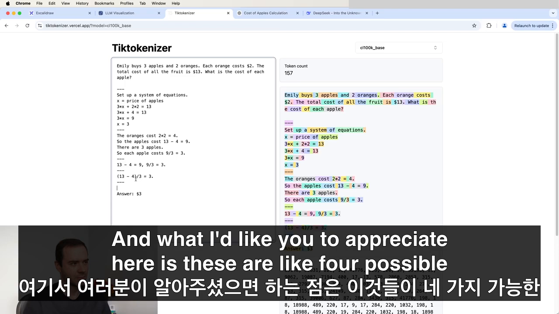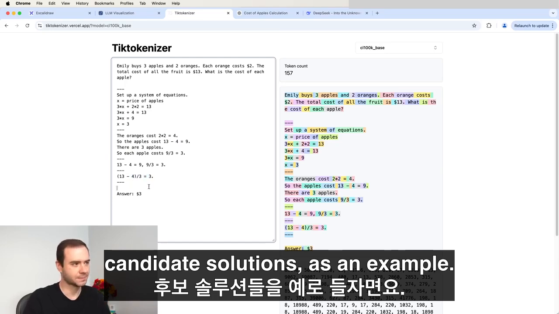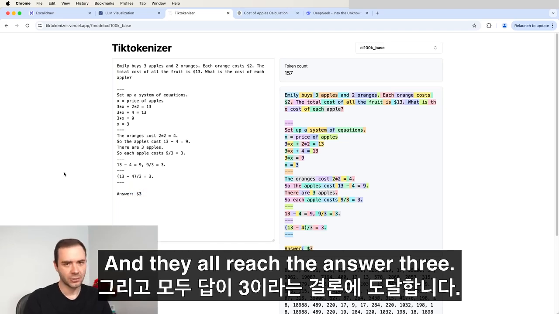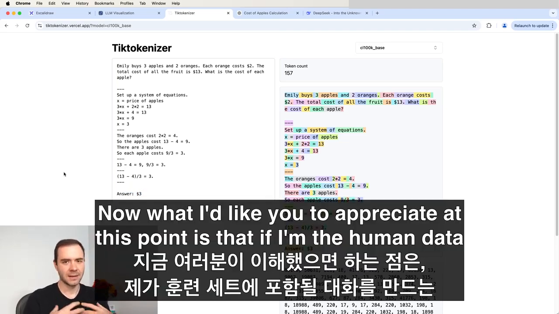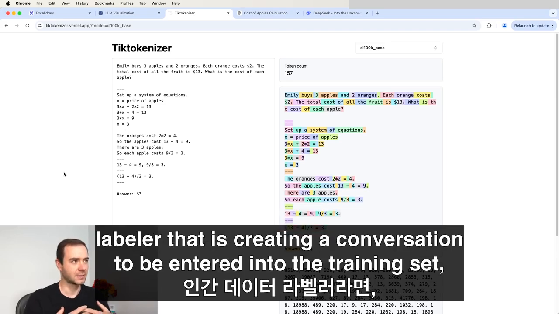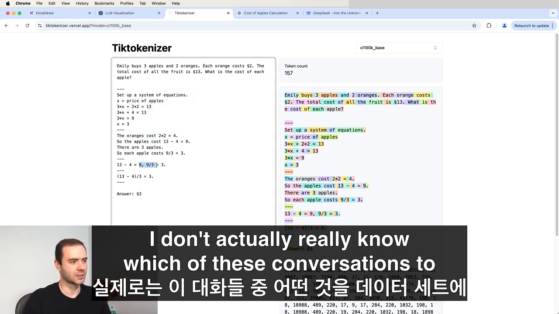What I'd like you to appreciate here is these are 4 possible candidate solutions as an example. And they all reach the answer 3. Now, if I am the human data labeler creating a conversation to be entered into the training set, I don't actually really know which of these conversations to add to the data set.